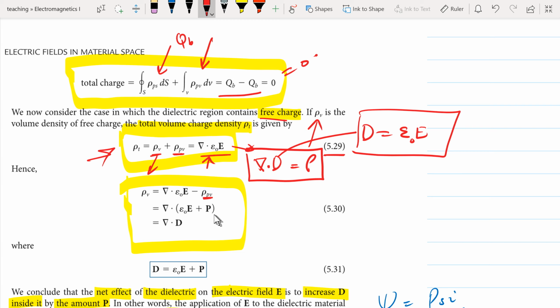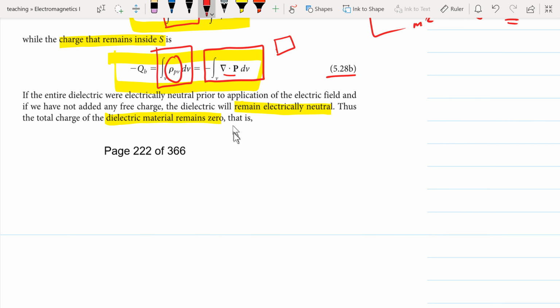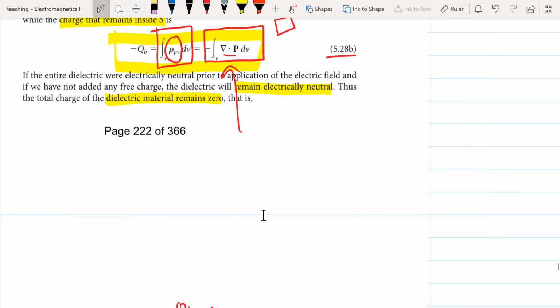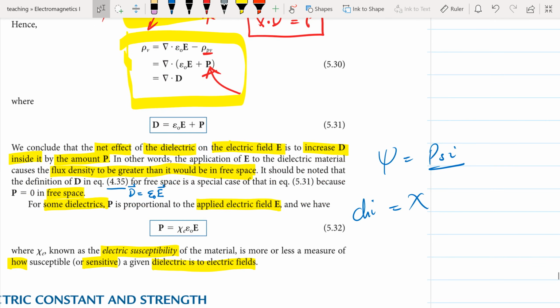And then we can remember that we can apply equation 5.28 that we have already met, that says the divergence of polarization vector gives us rho PV, that is the bound volume charge density.